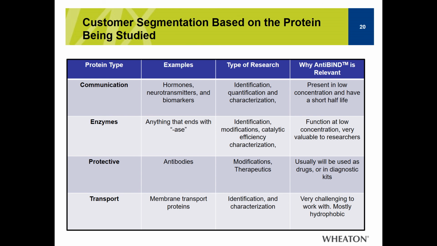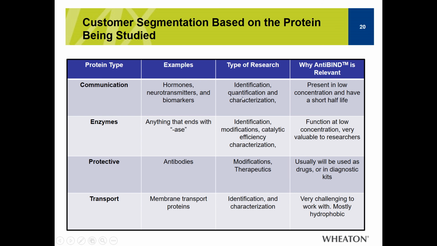So lastly, to sum everything up and put everything in perspective, here we segmented our customers based on the protein that they are studying or characterizing. Now we're very interested in these four types of protein: communication, enzymes, protective, and transport. Examples of communication proteins are hormones, neurotransmitters, or biomarkers.